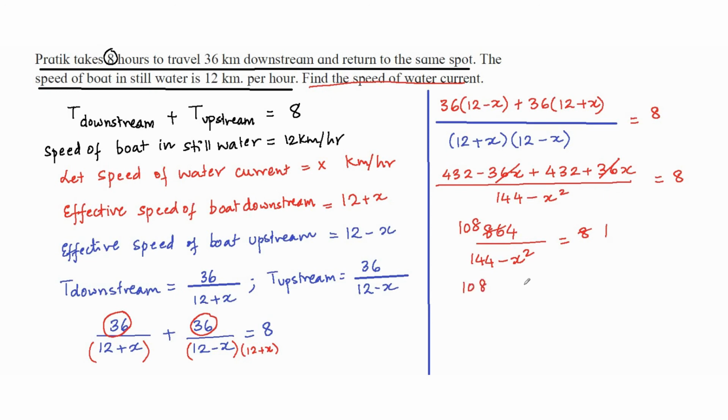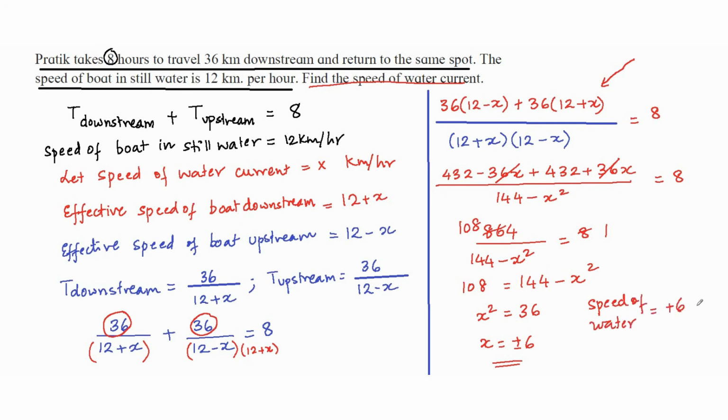So 108 is equal to 144 minus x square, which means x square is equal to 36, or x equals plus or minus 6. Now in this case we had taken the downward speed of the stream as x, so we reject negative 6 because water cannot flow in the upstream direction.